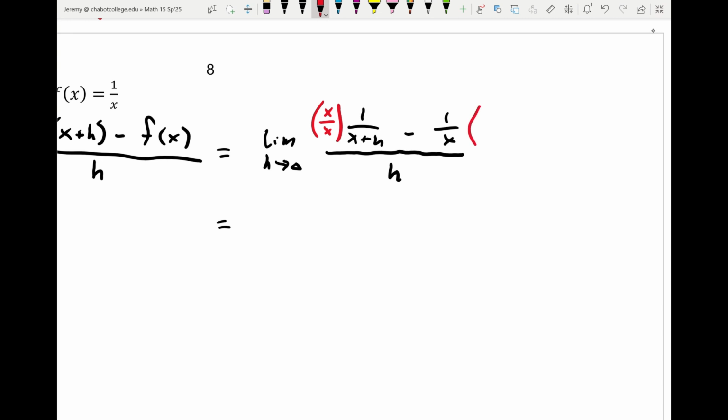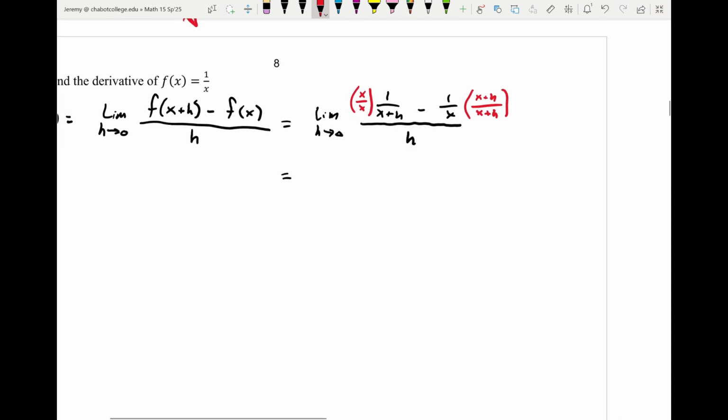I'll multiply top and bottom of this one by x plus h. Okay, so I'm going to pursue this. I don't know if this is going to work, but we just got to try something and go for the low-hanging fruit. This just seems like the most natural way to proceed. So let's do it and see if we get what we want.